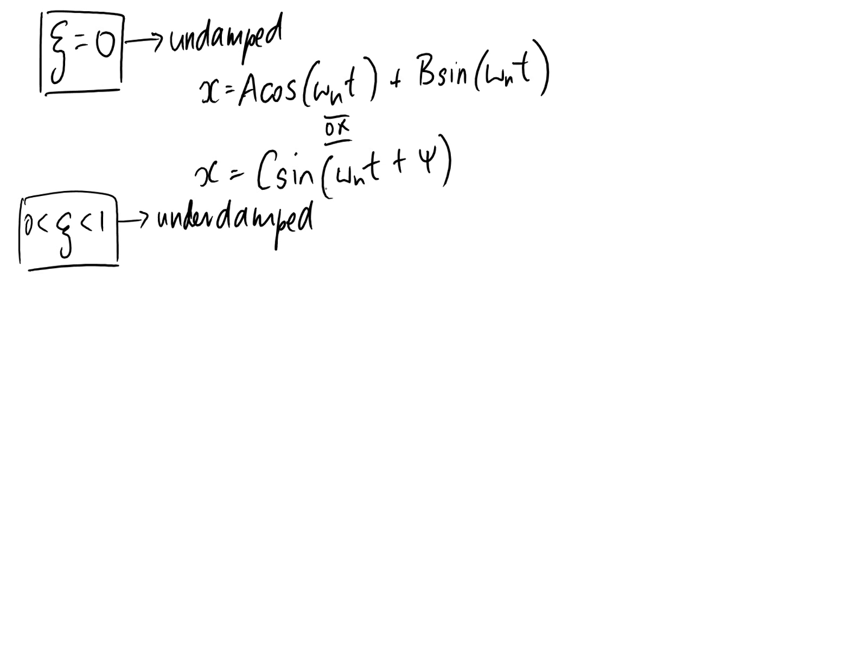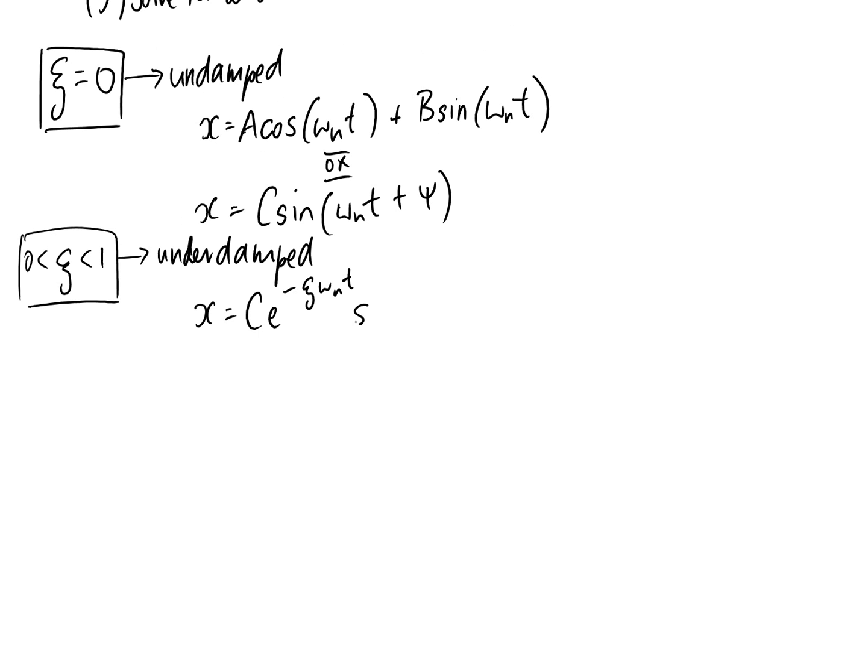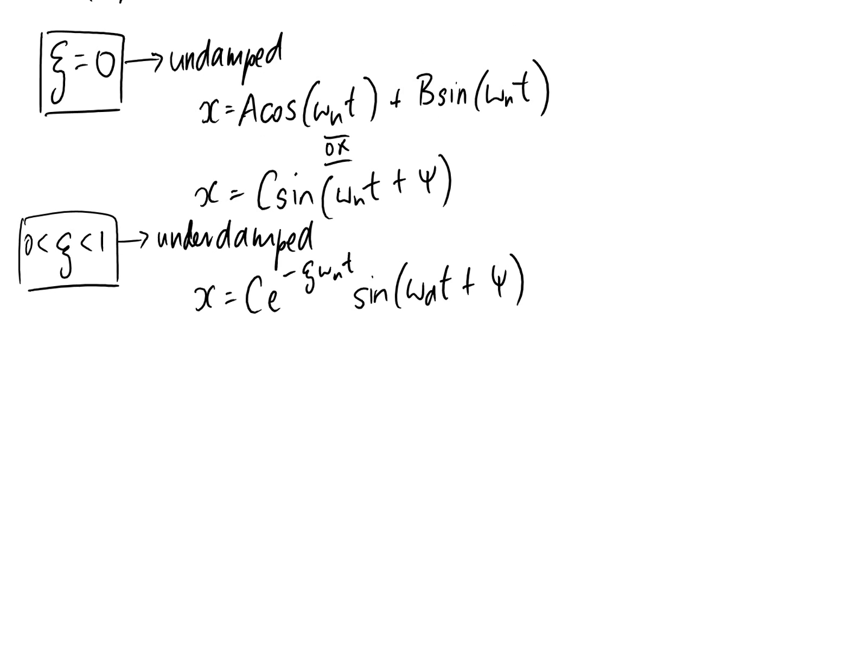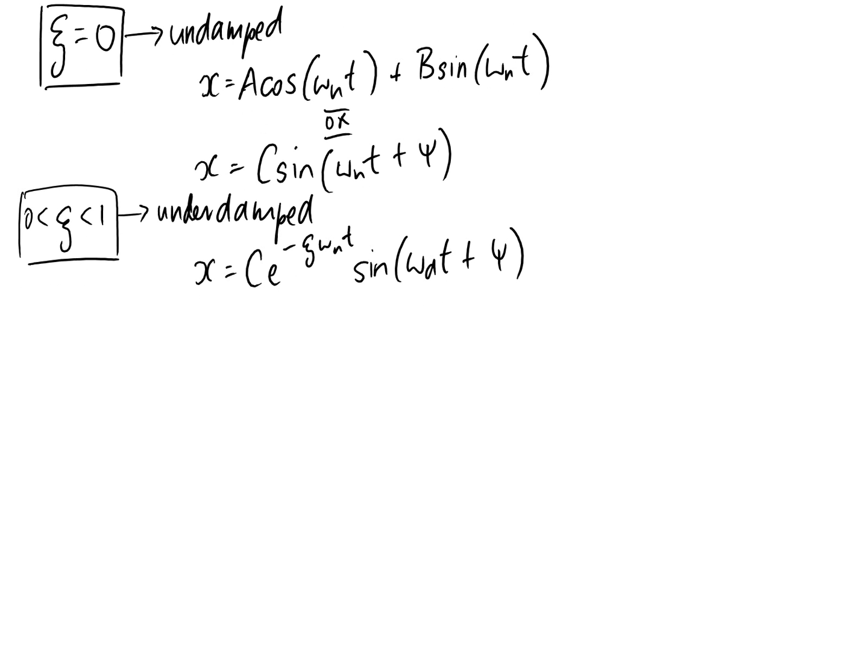And again, we have an equation that describes how an underdamped system moves with time, and it looks like that. Again, we have two unknowns that you need to solve for, C and psi, and we know these two constants.